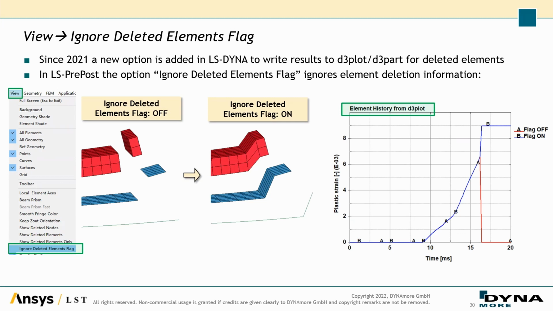So if you use this in LS-DYNA, then you can activate in LS-PrePost the option ignore deleted elements flag to see these deleted elements and output the result values as a fringe component or in curve plots.